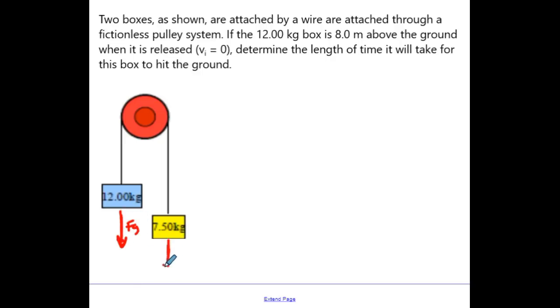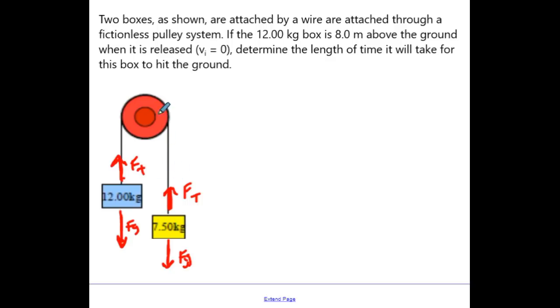And this box is also getting pulled down by the force of gravity. But what's kind of cool here is that they're being connected by a string, and that string is tension. And so this box is being pulled up by an amount of tension, and this box right here is also being pulled up by the exact same amount of tension.